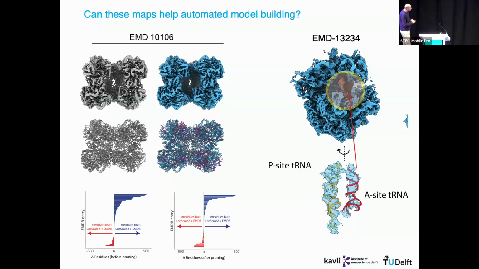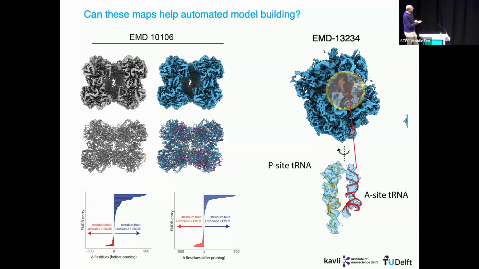If we look at that for a large number of EMDB entries, and compare it to how Model Angelo builds into the deposited maps, we can compare this for Model Angelo output before pruning and after pruning. After pruning means that Model Angelo is already correcting for or discarding residues that it can't build residue stretches from.